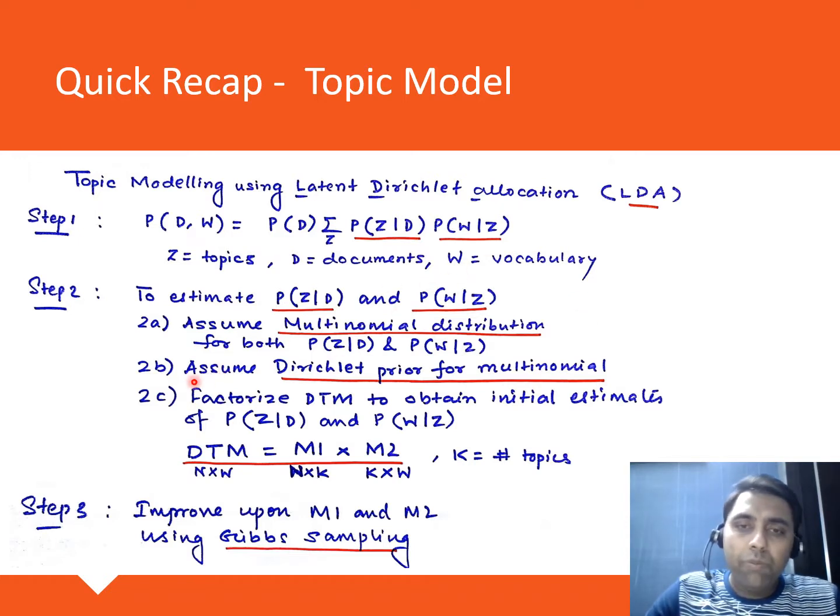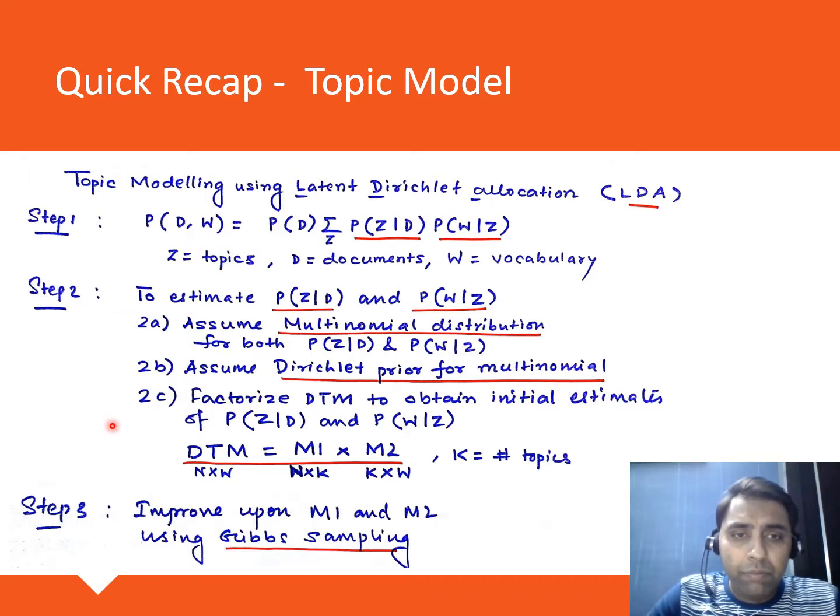And we assume a Bayesian approach here. For a multinomial distribution, the Dirichlet prior is the right choice of prior, so we assume a Dirichlet prior. Once again, if you're not familiar with Bayesian inference, you can skip point 2b. That's not going to stop you from understanding this algorithm at a high level.